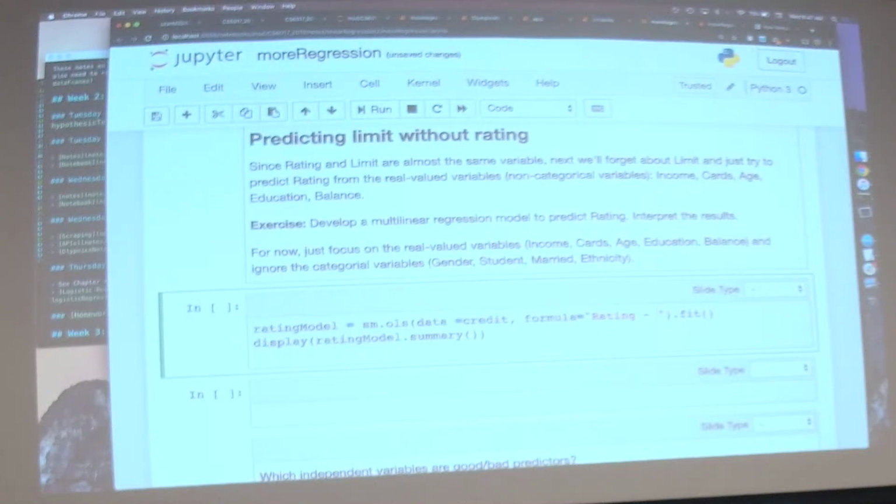One strategy I use playing around with this is to start with a model that includes everything, and then start removing terms. That's one way to approach this.